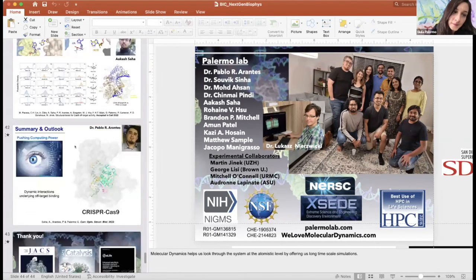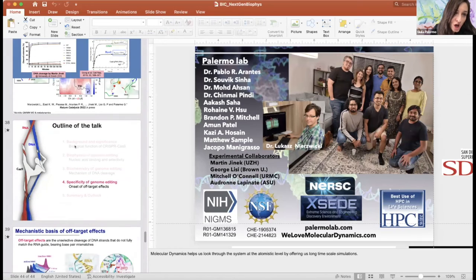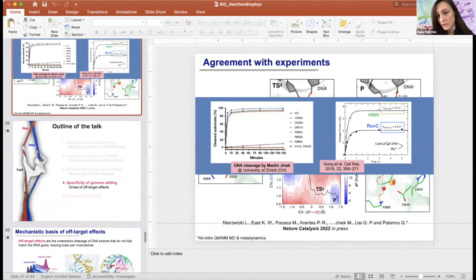So the work of Ken Johnson, which is actually this one, right? So this is the work of Ken Johnson. Ken Johnson reported the kcut of the catalysis, and in terms of kcut, we agree for both active sites, both HNH and RuvC.